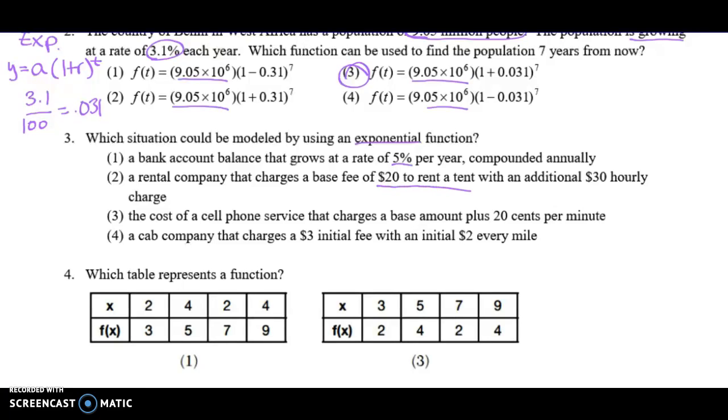This is saying it's $20 flat fee with an additional $30 an hour, so the same $30 every hour. Cell phone has a base amount and then 20 cents per minute, so the same 20 cents every minute. Or the cab company, $3 initial fee, and then $2 every mile. And again, same $2 every mile, no matter what. Those 3 are linear because it's the same constant rate of change every single time. So number 1 is our only option.